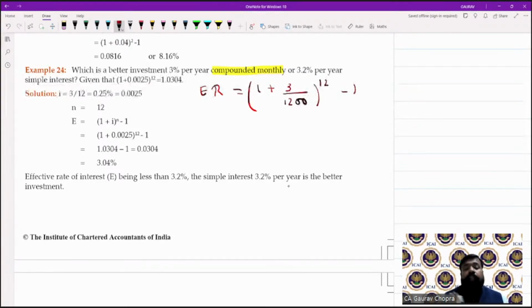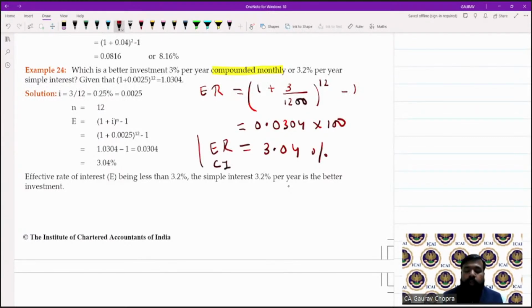So since it is monthly, we have divided by 12 and power will also be 12. Let's calculate power 12. We are getting 0.0304 into 100. So 3.04% will be the effective rate for compound interest.